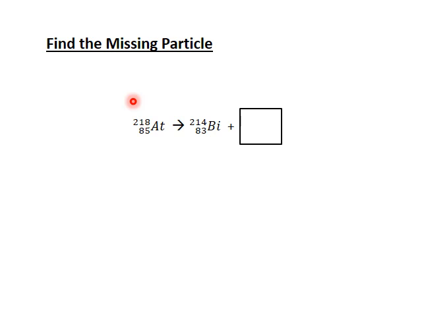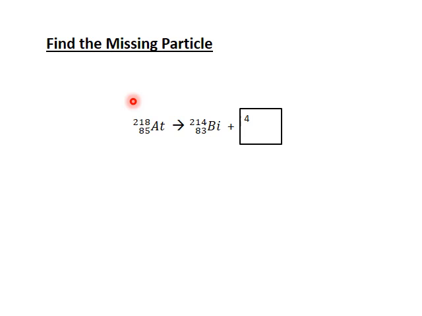So when I'm balancing nuclear reactions, what I'm doing is trying to find the missing particle, and I kind of do this one at a time. So I look at the mass first, and I say I've got 218 mass units on the reactant side, and on the product side I've got 214, which means that I have 4 missing mass units.